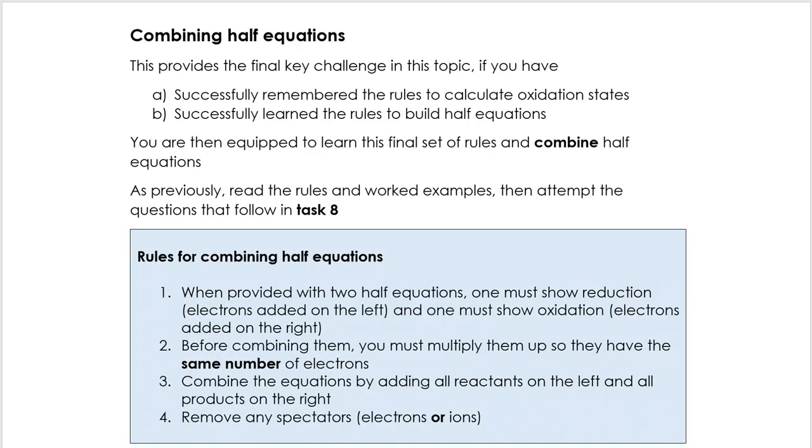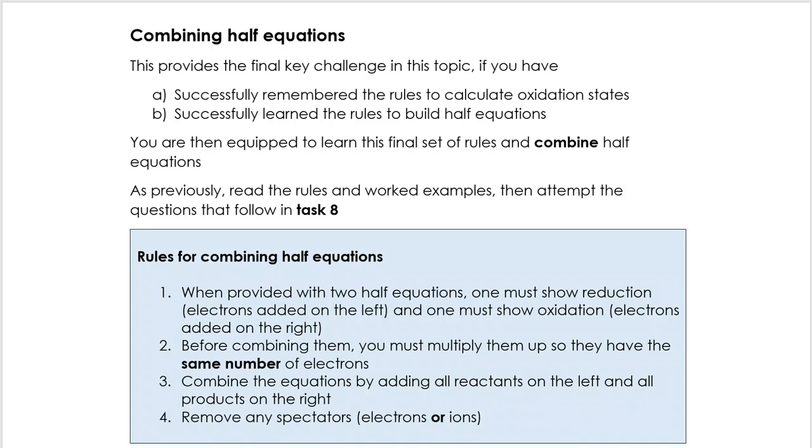So, as I've said, there are rules that you need to learn, and that's the third set of rules within what is a very short topic. When you are combining two half equations, you've got to make sure that one shows oxidation and one shows reduction, and then you are going to have to multiply up the entirety of that equation, or those equations, until you've got the same number of electrons on both sides.